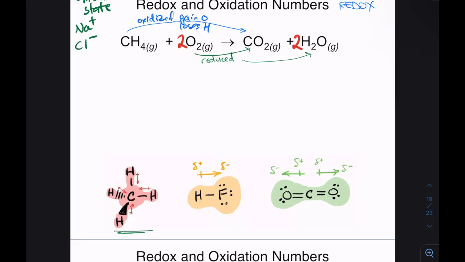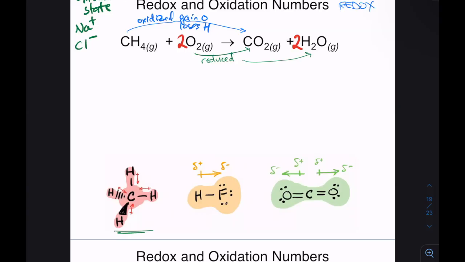So carbon's going to have a little bit more of that electron density around it versus where the hydrogens are. So we can think of that as carbon is kind of gaining the electrons, but it's not completely gaining them like it would if it were forming an anion. It's just getting a little bit more of the electron density there.